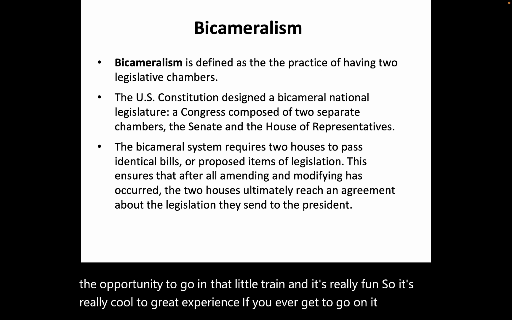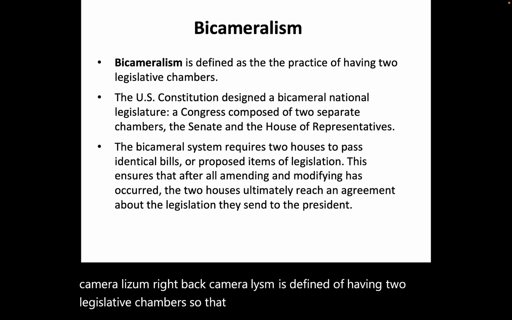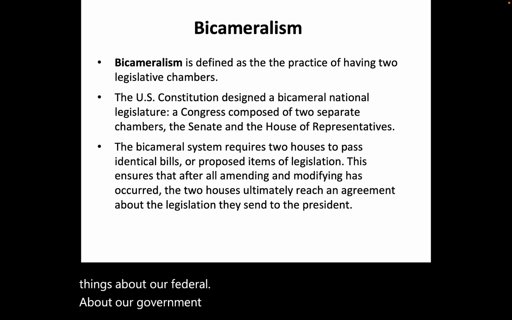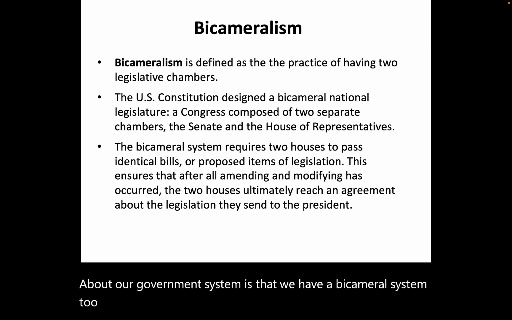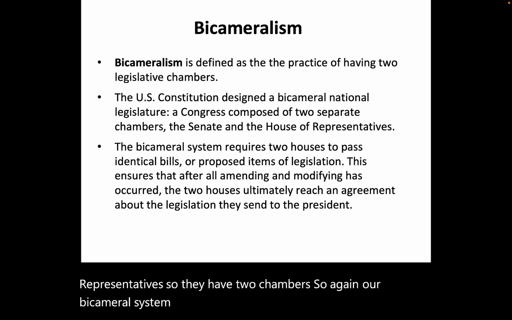Bicameralism, right? Bicameralism is defined as having two legislative chambers. That is one of the unique things about our government system: we have a bicameral system. So again, we have the Senate and the House of Representatives, two chambers. Our bicameral system requires that the two houses pass identical bills or proposed items of legislation.